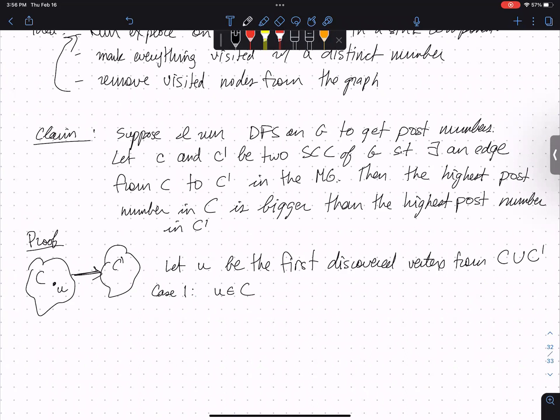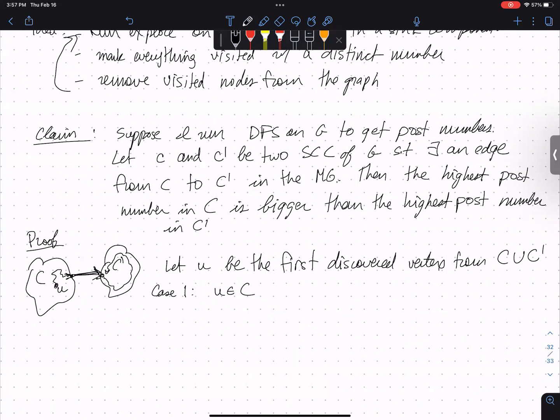Okay, then, what do we know about explore? If we're exploring U, we're going to reach everything that's connected, everything that's reachable from U. In particular, from U there is some path to get to this vertex at the edge, and then we can jump to C prime, and in C prime there's a way to visit everything else.